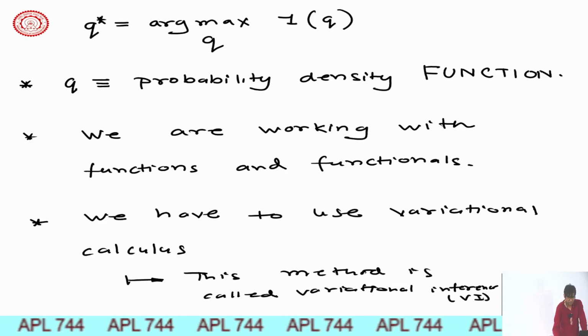VI is also a popular name. Okay. That's why this is known as variational inference.